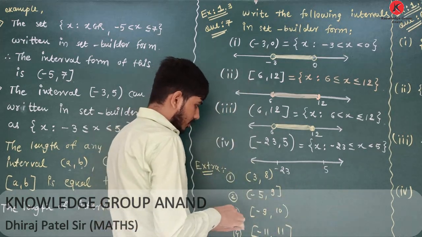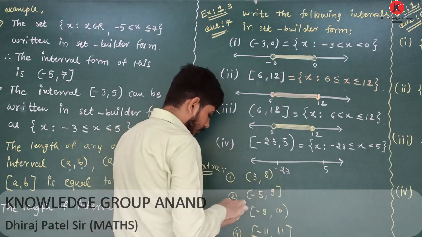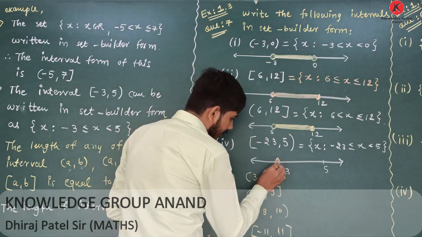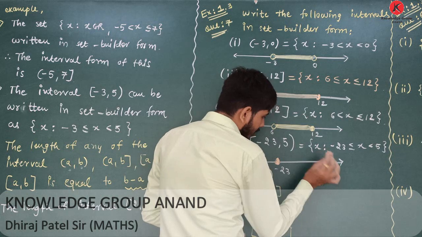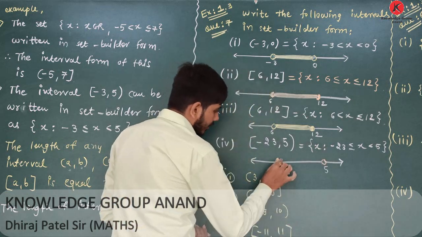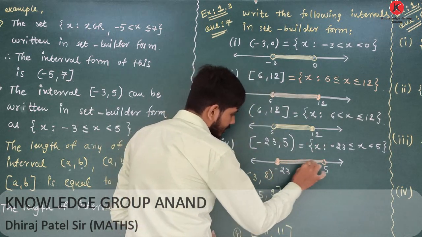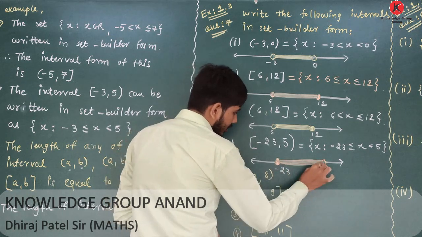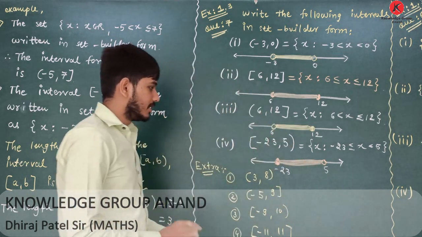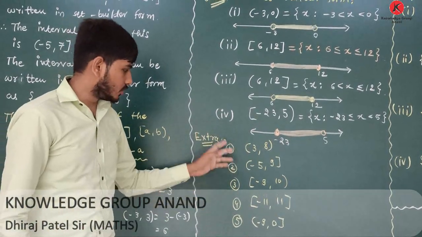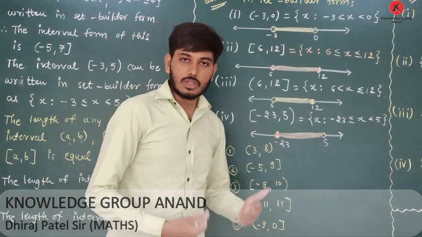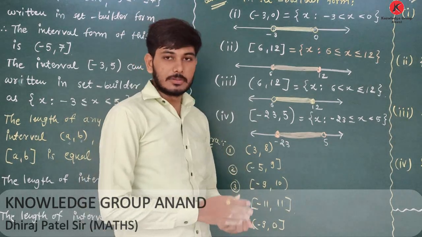We have to include minus 23. Therefore, dark circle on minus 23 and do not include 5. Therefore, hollow circle is there and all real numbers lie between minus 23 and 5. Okay, this is the representation on the number line. You have to do the extra questions 1, 2, 3, 4, 5 in your self practice notes. Clear?